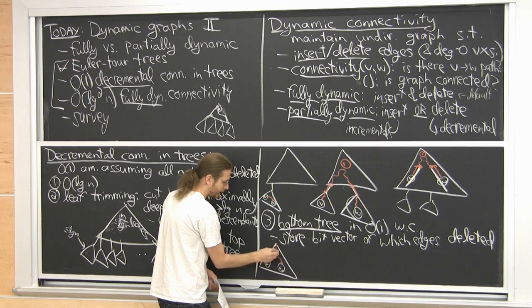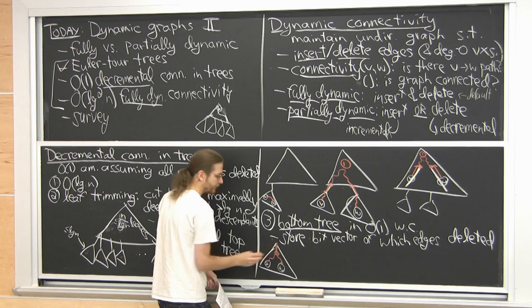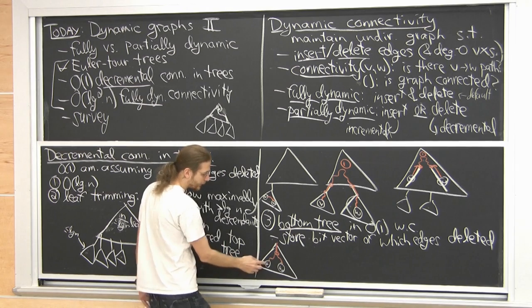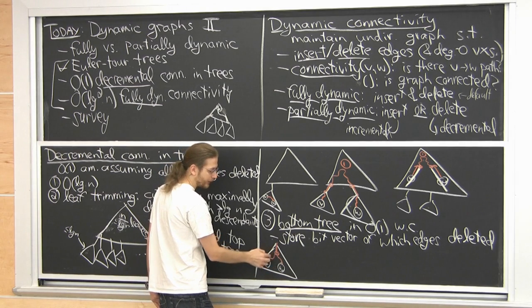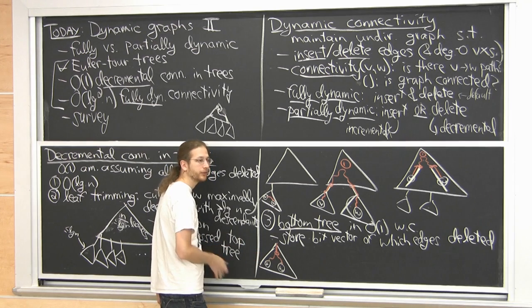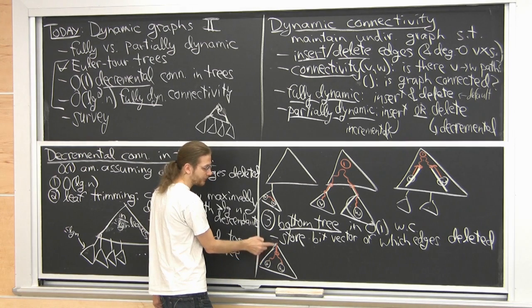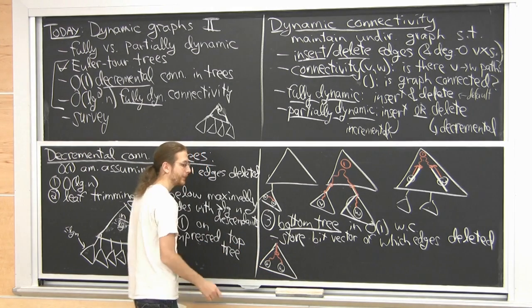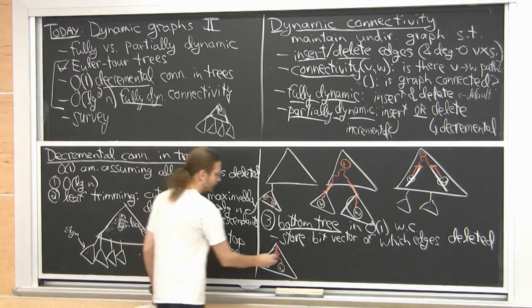I look at W's path to the root. At some point, we reach the LCA. What I want to know is, have any of these edges been deleted? If yes, I can't get there. If none of them have been deleted, I can get there. It's an if and only if. I don't care about these edges up here above the LCA because I only need to go to the LCA and back down. So what do?